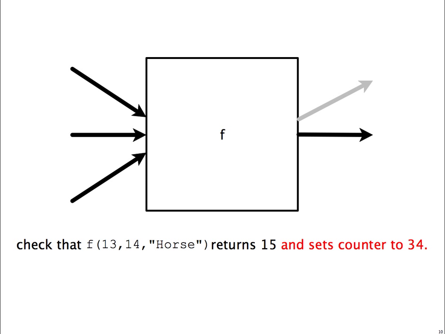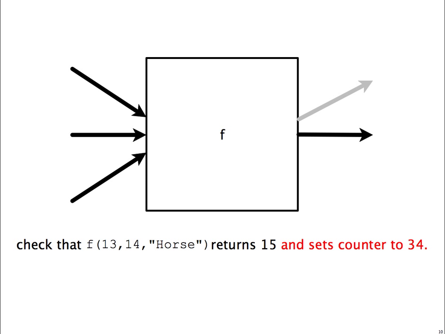What happens when you have mutation as part of your function? By mutation in this case, I'm referring to code that changes the value of some variable, or perhaps you'd like to call them fields. In particular, the example here is we perhaps have some internal counter on the object that is being incremented.